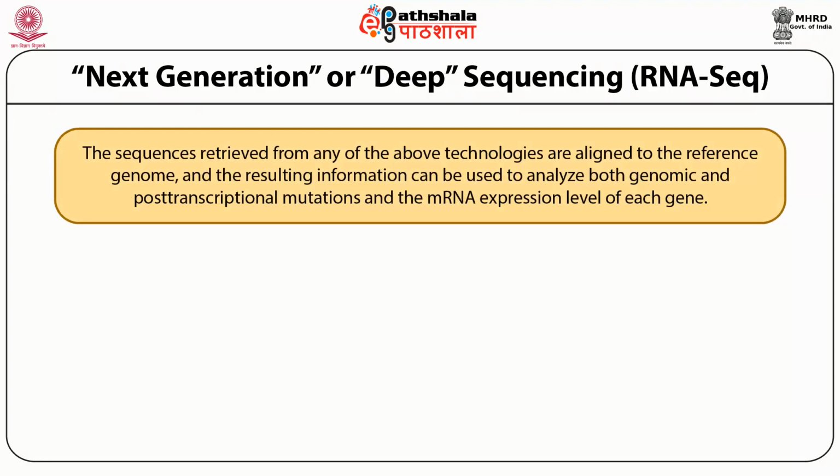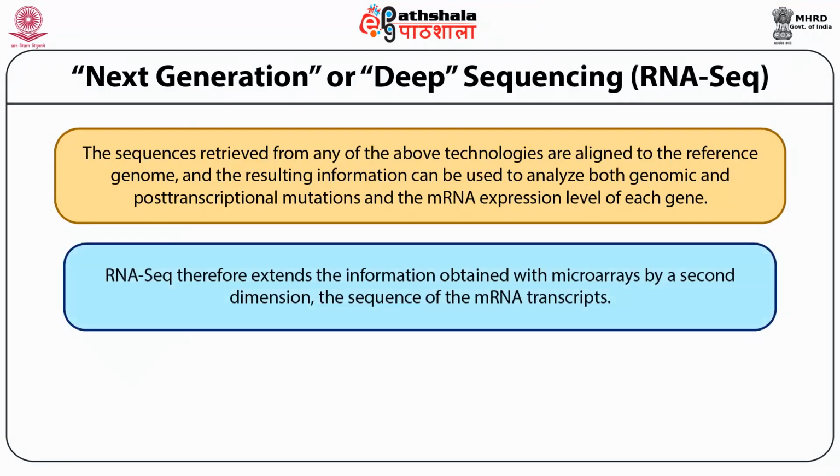The sequences retrieved from any of the above technologies are aligned to the reference genome, and the resulting information can be used to analyze both genomic and post-transcriptional mutations and the mRNA expression level of each gene. RNA sequencing therefore extends the information obtained with microarrays by a second dimension, the sequence of the mRNA transcripts.